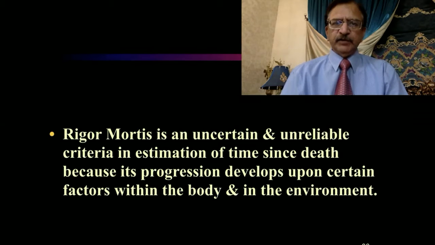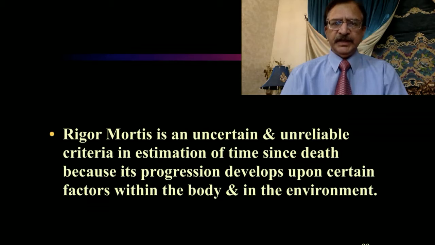As we know, the rigor mortis is an uncertain and unreliable criterion in the estimation of time since death. And this we have discussed in almost all the changes. All these changes should be taken in conjunction, that is, all the changes should be taken into consideration simultaneously. Then we can estimate the time since death.